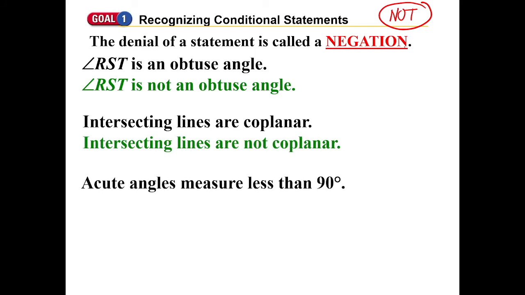What about this sentence? Acute angles measure less than 90 degrees. How do you negate that? Earlier, the linking verbs were is and are. This time, this is now a verb, as in the usual verb that we use. Measure. Is this singular or plural?